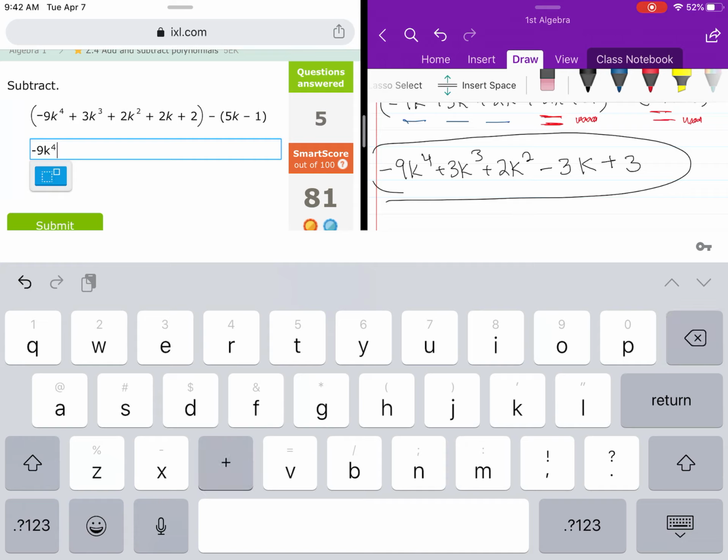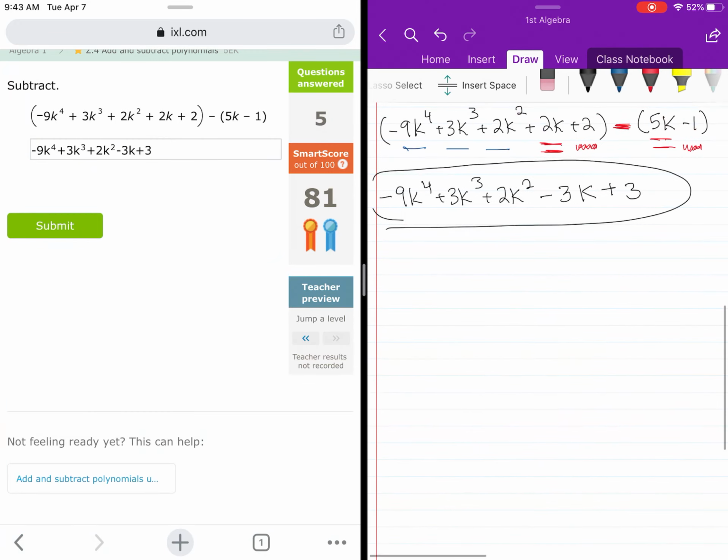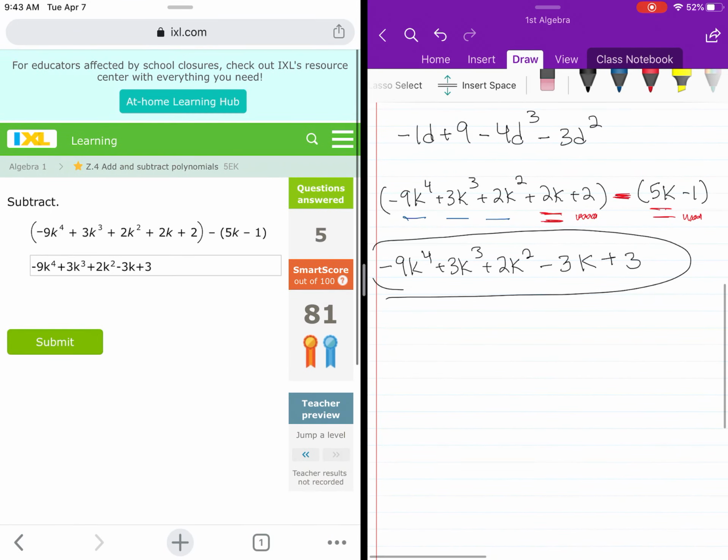Click on there, type plus 3k exponent 3 plus 2k exponent 2 minus 3k plus 3. Okay, so I'm going to double check I typed everything correctly. 9k4, 3k3, 2k2 minus 3k. Yep, everything's correct. So submit that.